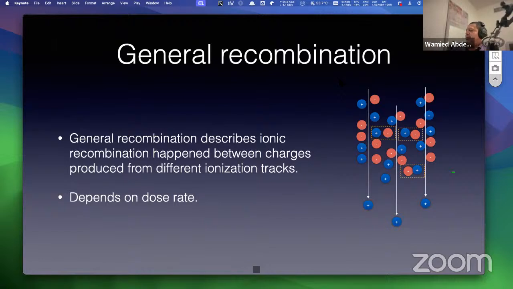But the exceptional part is when we have these new machines, either an IORT machine or a flash radiotherapy machine, where the ionization density is very, very high. Then one really needs to take very great consideration when calculating corrections for recombination.